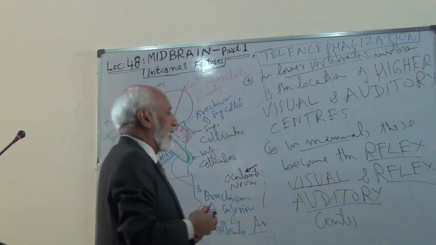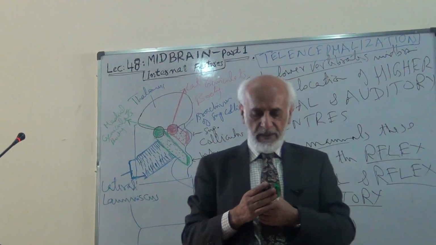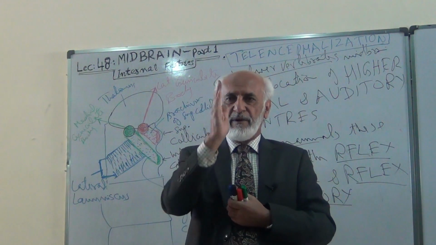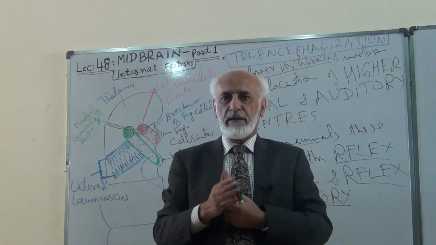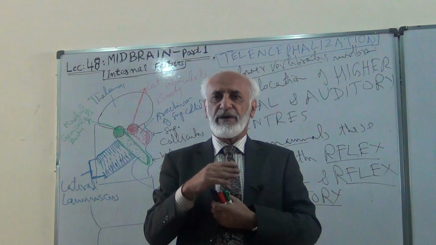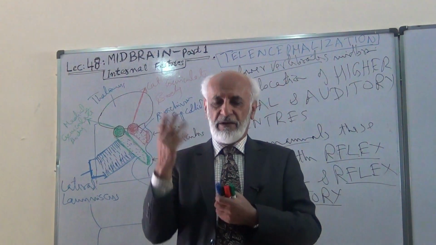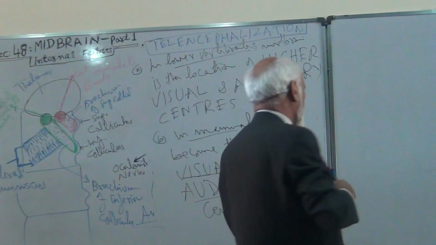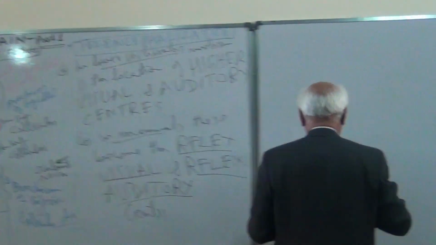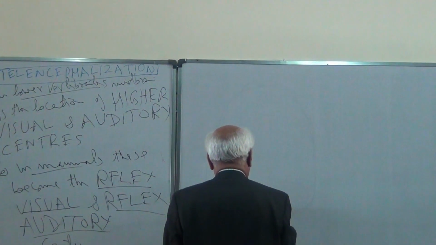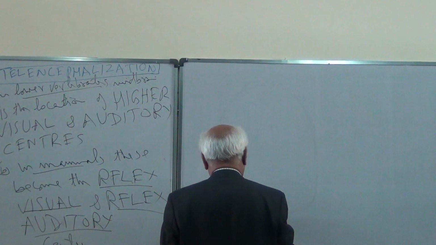Now, if we draw an arbitrary line in the middle of the midbrain, we can divide the midbrain into right and left equal halves. Now suppose this is a section through the midbrain.